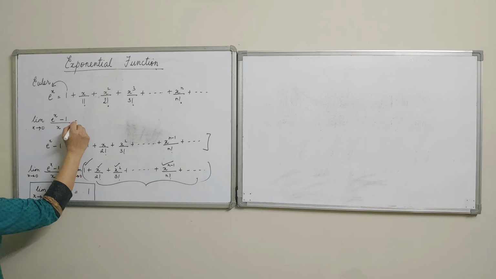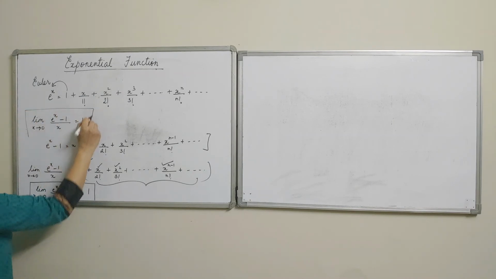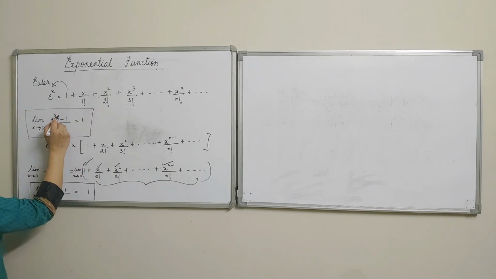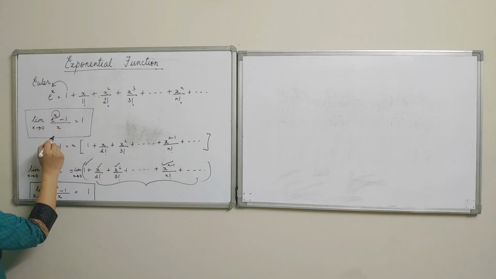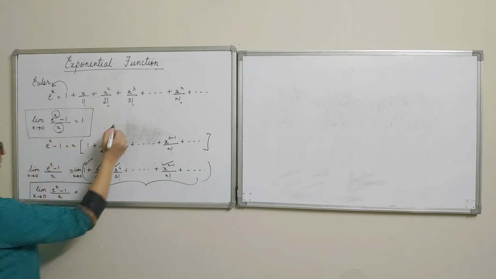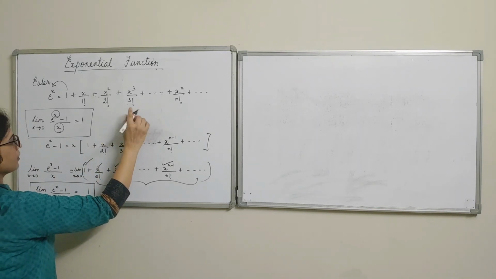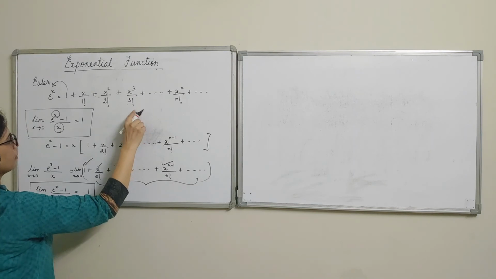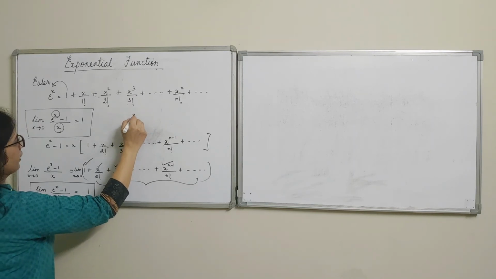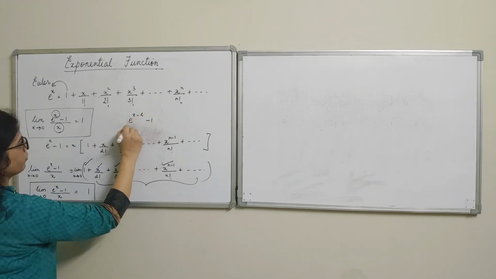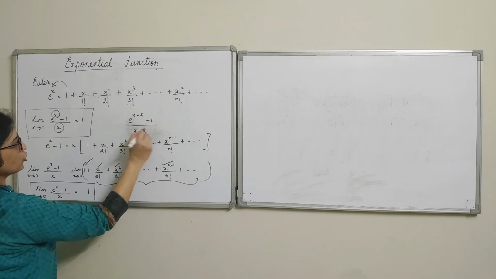What is important in this result? You have to understand that here the power of e is same as the denominator. That means if the power is, say, x minus 2, then here also the denominator should be x minus 2.